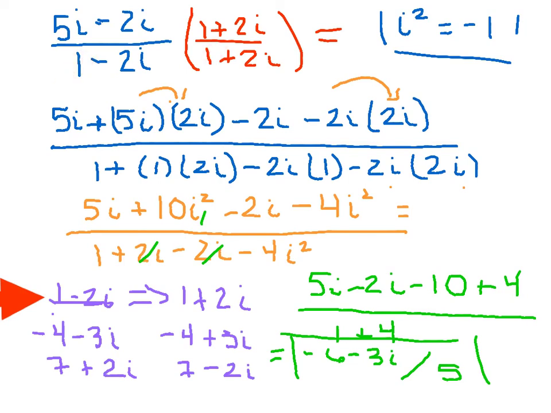Then I have to remember that i squared is negative 1, and that's simply a definition. So I end up with 5i plus 10i squared minus 2i minus 4i squared. Then I change those i squareds to negative 1s, collect up my terms, and there is my final answer.